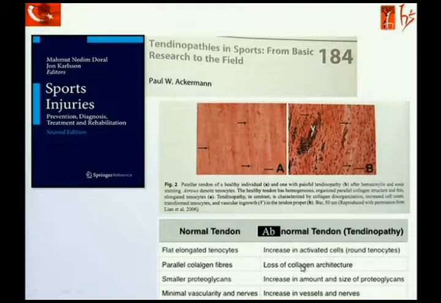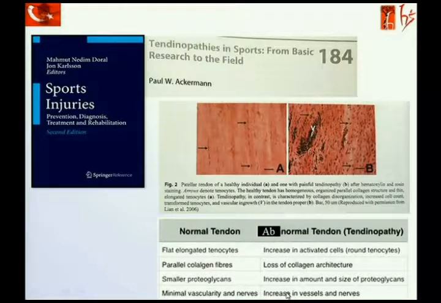In the abnormal tendon, there is loss of collagen architecture and smaller proteoglycan, but in inflamed tendons, there is an increase in the number and size of the proteoglycans. In the normal tendon, there is minimal vascularity and nerves, but in the abnormal tendon, there is an increase in vessels and nerves.